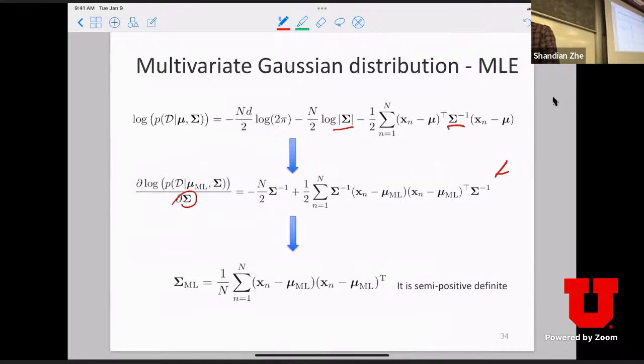This is the gradient. And if you set this gradient to be 0, remember, mu here has been replaced by its MLE estimate, you can get your MLE estimate of the covariance in this form. It's just a summation over the outer product of the difference between each observation xn and its MLE estimate, then sum over them and take the average.